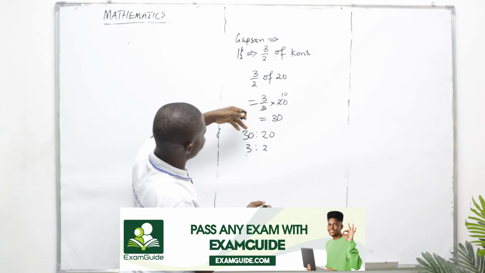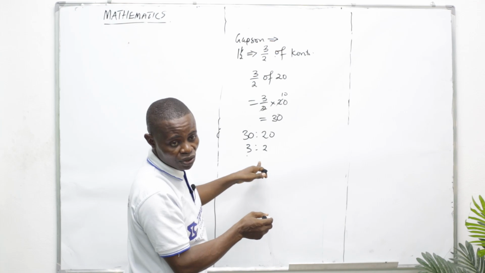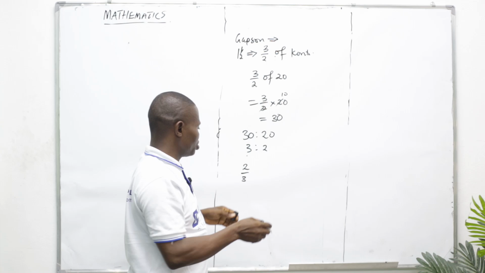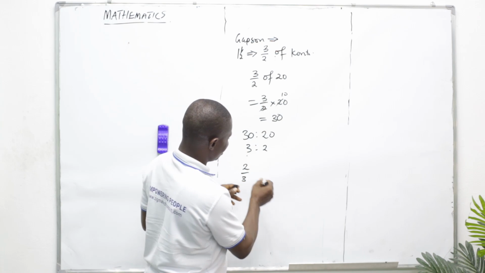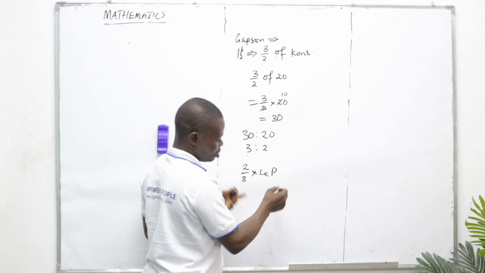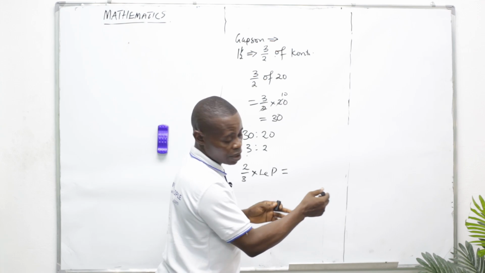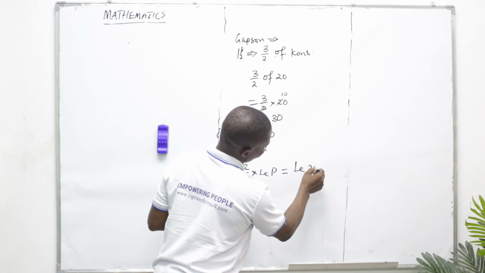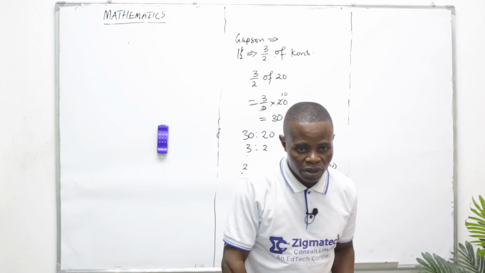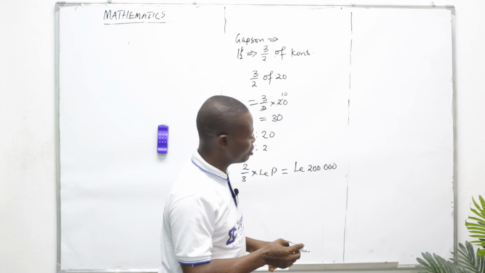The first person here is Gabson, which is 3, while Contour is 2. So 2 all over 3 of the total amount they are to share, which we don't know. Let's multiply by p, that's unknown, equals Contour's share, that's 200,000 given to him.